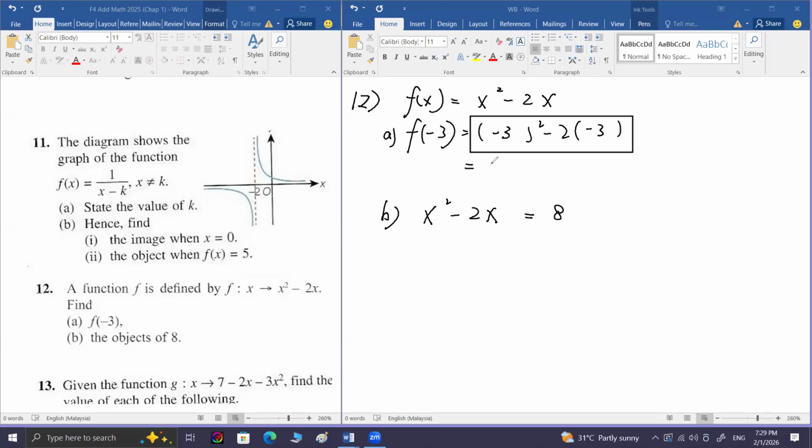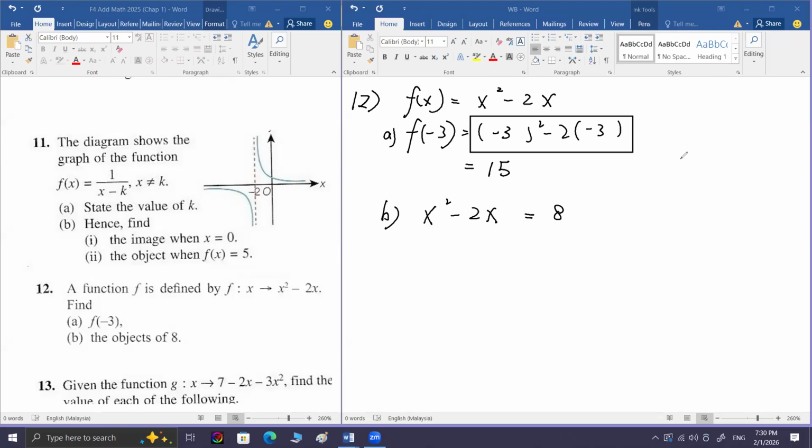Yeah, 15. Okay, the one means x, just calculate the right side.